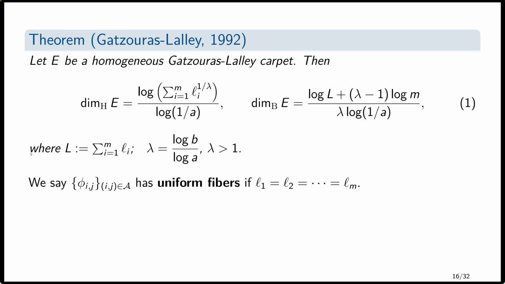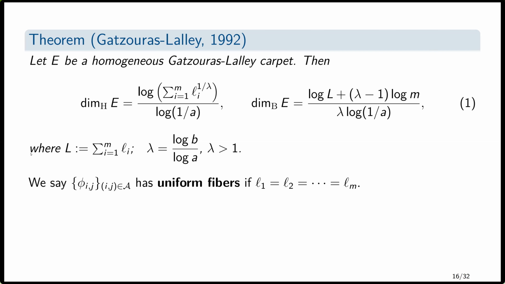And we notice that here L is defined as the sum of Li, that is how many rectangles in total we have, and lambda is the ratio log B divided by log A, and we say phi ij has uniform fibers if L1 equals L2, so this means that every column has the same number of rectangles. So that is uniform fibers.